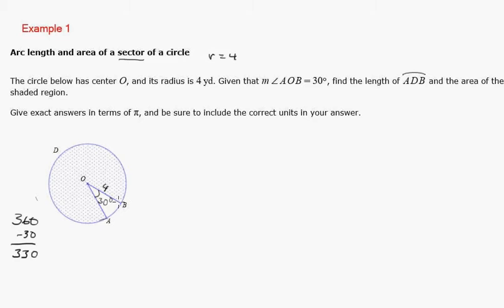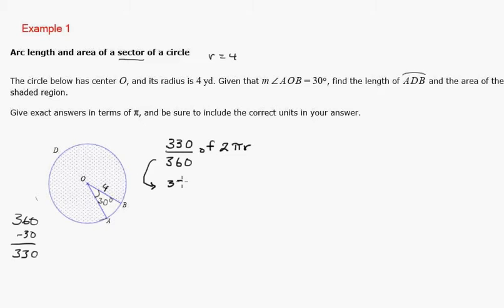Proportionally, think of it as a fraction. That's the part that we're interested in: 330 out of 360 of the entire circumference, which is 2 pi r. R is 4, so I'm going to do a little factoring as I go.